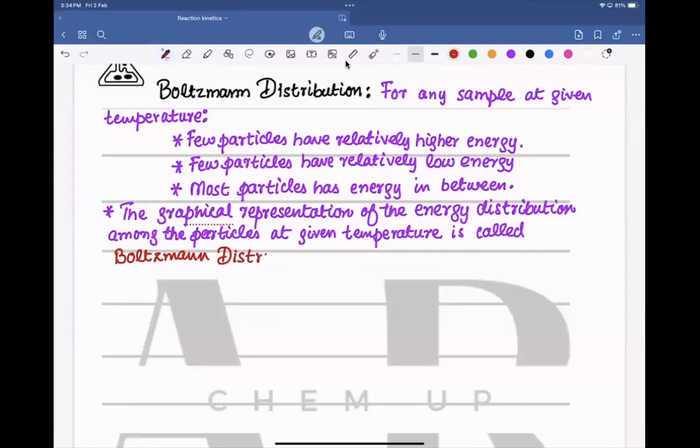So you have to know how to draw the Boltzmann distribution at different temperatures and its labeling as well.